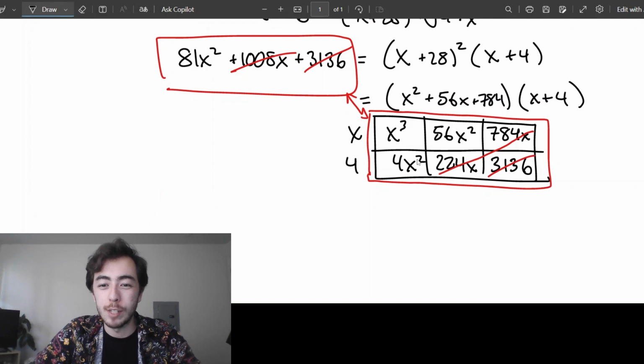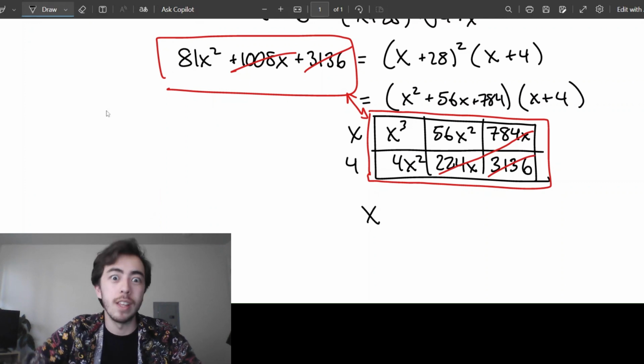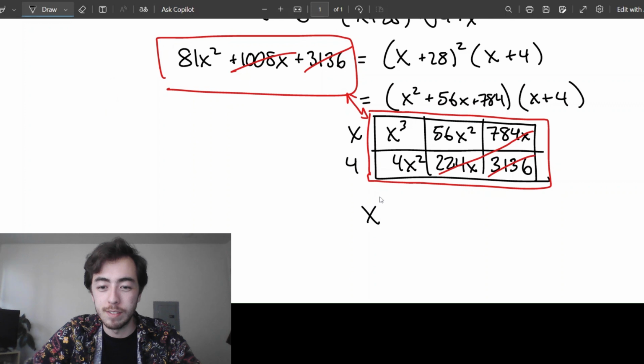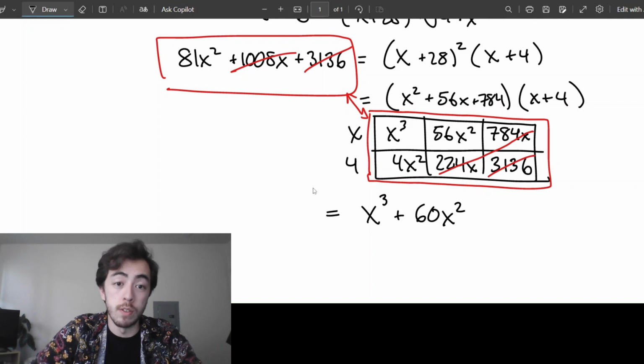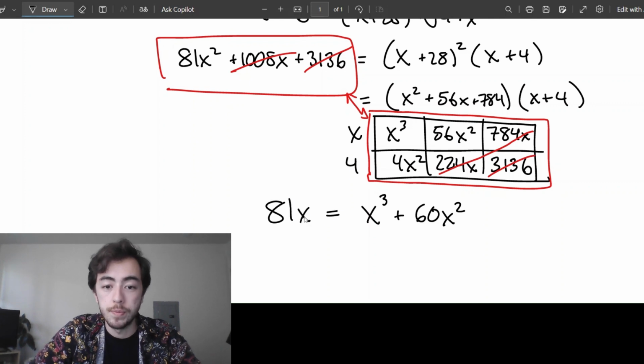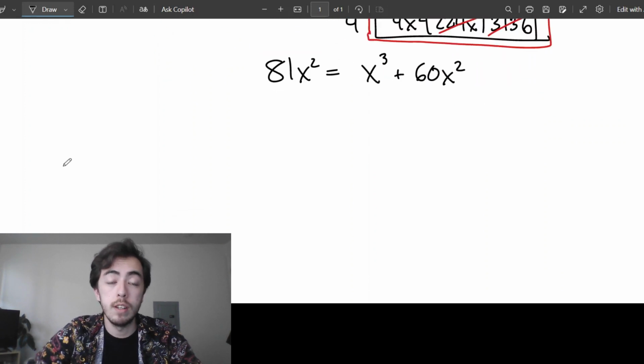Okay, and then the 56 plus the 4 don't perfectly line up with that 81, so they don't just cancel all the way. But this is going to be pretty easy, I think, now. Because 56 plus 4 is now 60. I'm going to set this equal to whatever's left on the left-hand side. All of my terms have x squared in it, so I could just divide both sides by x squared.